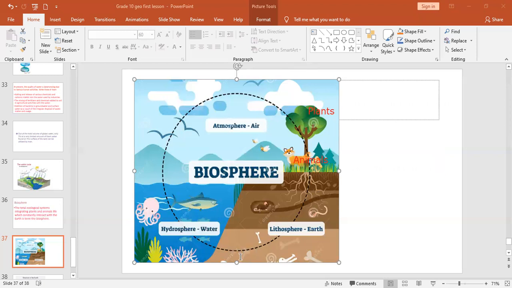Decomposers also live in soil, close to soil. Solar energy. Yes, sun.